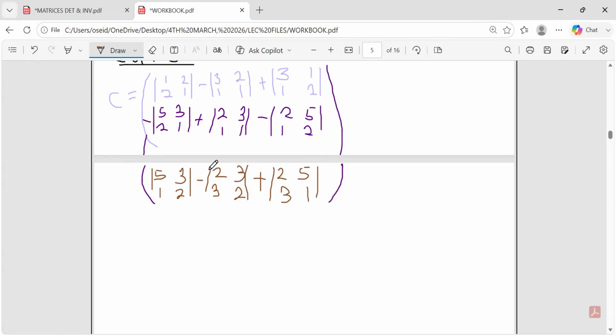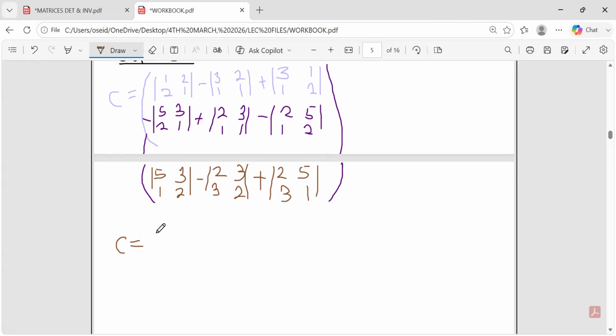And once we have this, we are almost done. We are going to say that C will be equal to this. We multiply the leading diagonals, then subtract the products of the other diagonals, like we've been doing for the determinant.